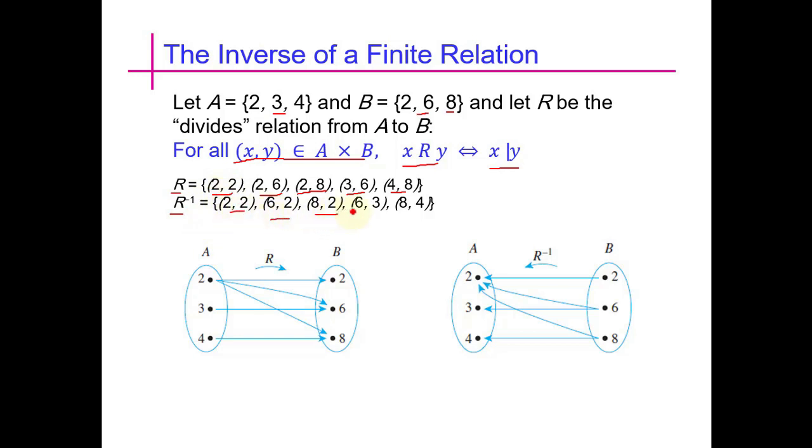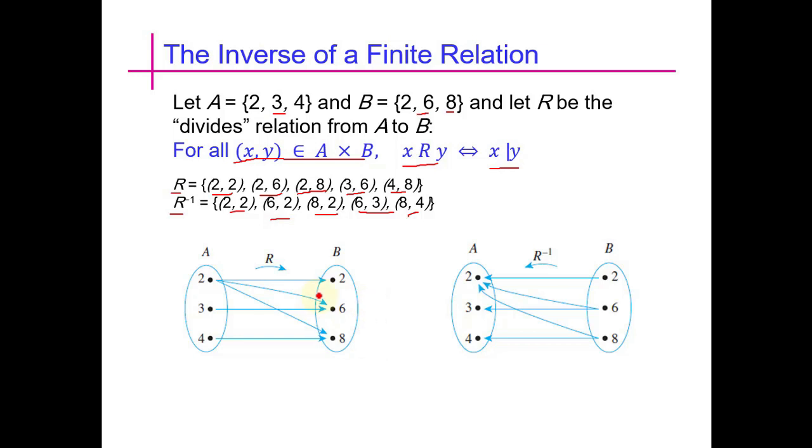Pictorially we can see that we have defined these sets as A and B, and the elements are placed inside A and B, and by the arrows we have defined the relation, so that 2 is related to 2, 2 is related to 6, and 2 is related to 8, and just like 3 is related to 6 and 4 is related to 8.